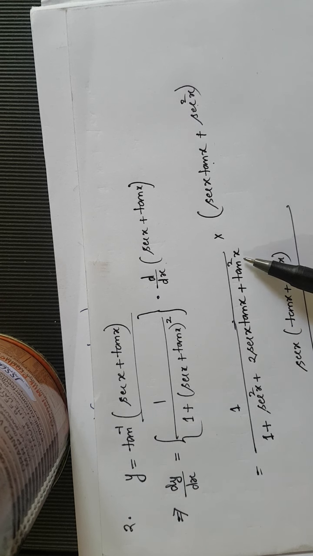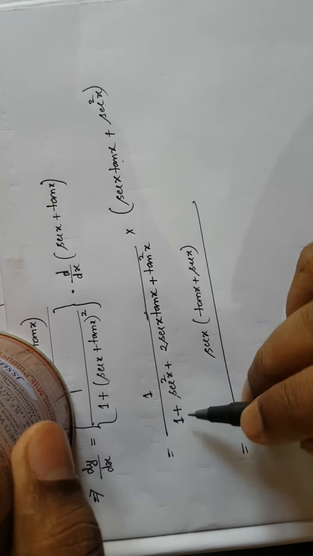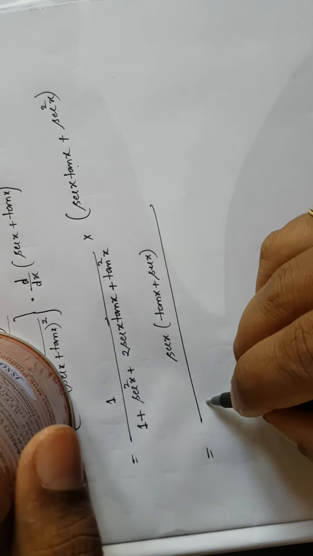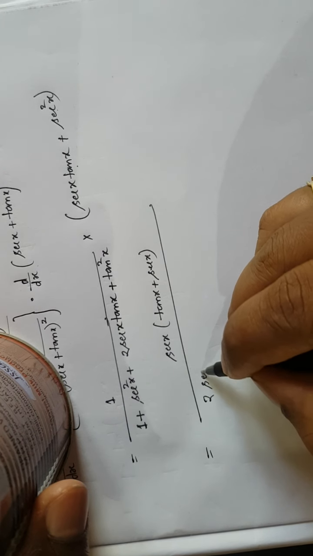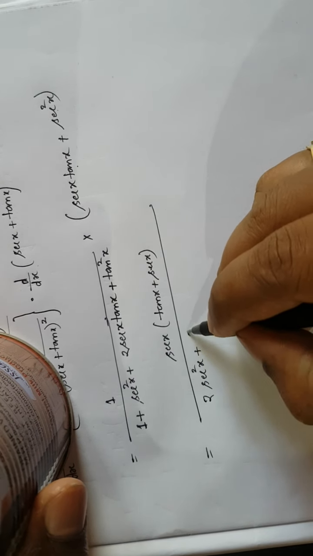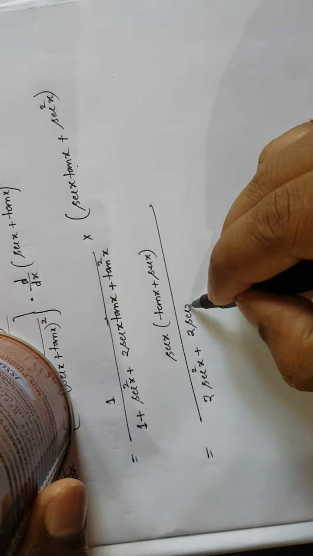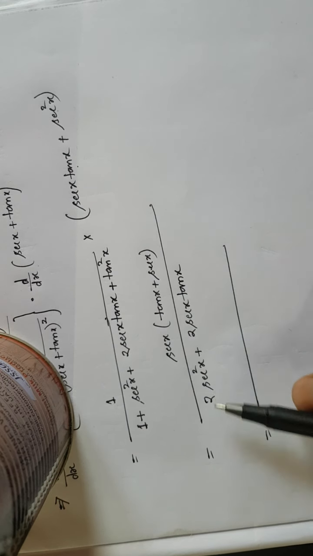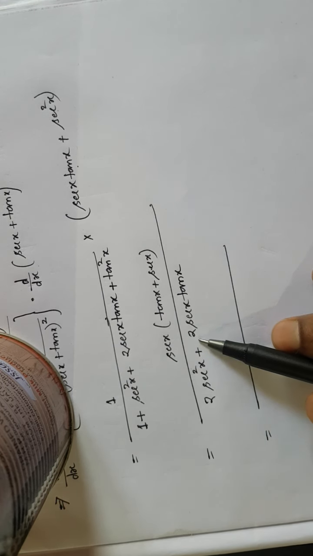Now in the denominator, what is 1 plus tan square x? This is sec square x. So 1 plus tan square is sec square. That means twice sec square x plus twice sec x tan x.